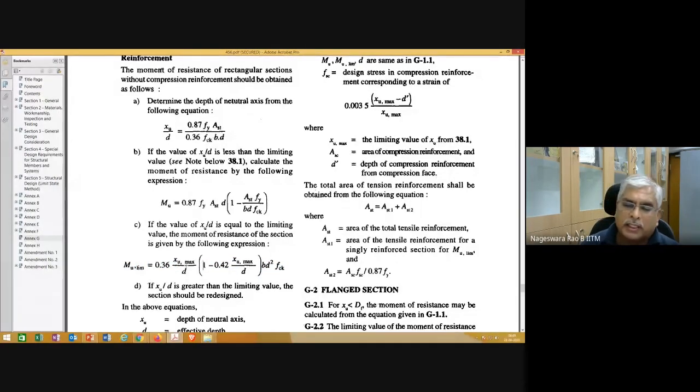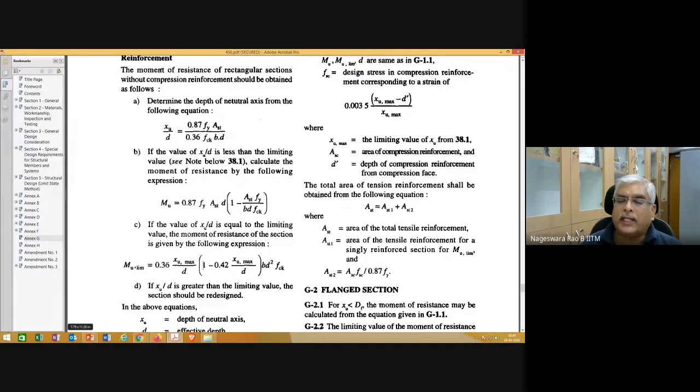What, just now we noted, is the total resultant compressive force? What is that value? 0.362 FCK XU times B. And if you round 0.362 to two significant digits, it is 0.36.